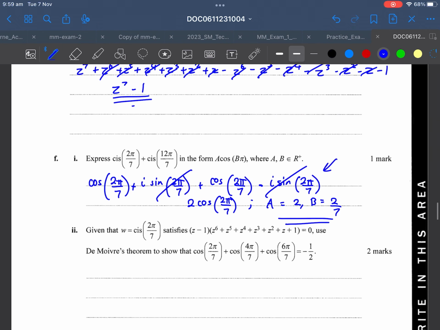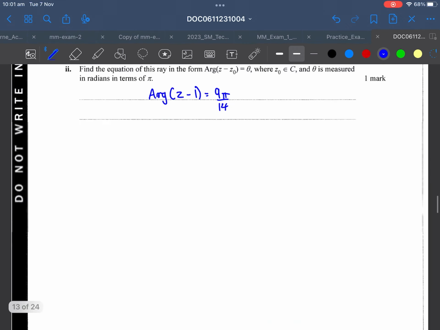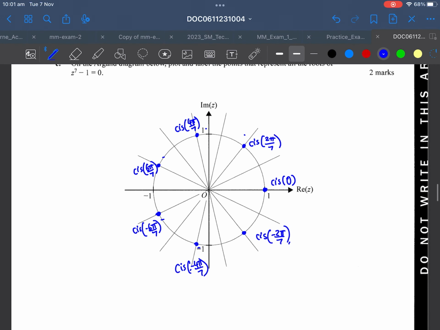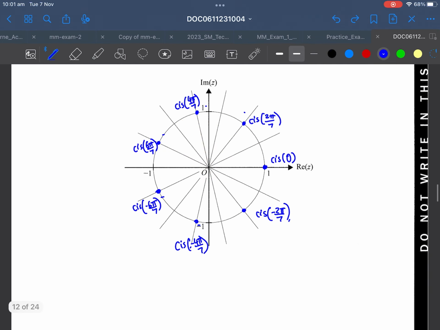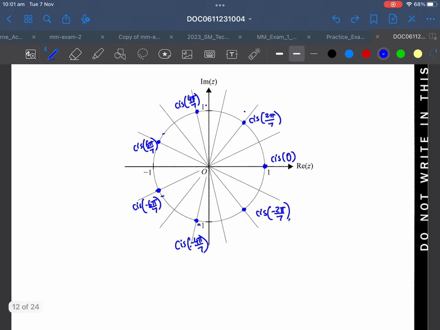So like we did for here, we had 12 pi on 7 equate to negative 2 pi on 7, where the sine component just cancels out. The reason being that sine is positive for all of this over here, and it is negative for all of this part over here. So that means that if I were to add this and this up, I'll get 2 cosine of 2 pi on 7.